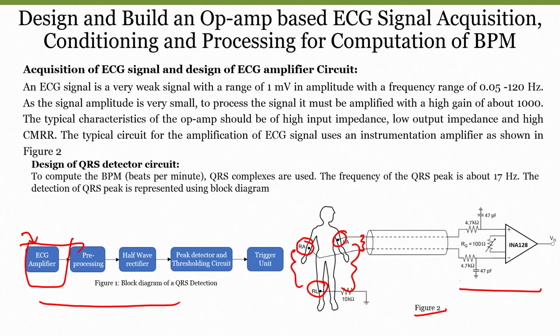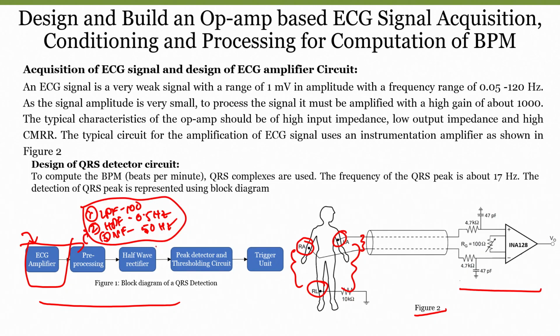One major filter we require is a low pass filter with a cutoff frequency of 100 hertz, a high pass filter with a cutoff frequency of 0.5 hertz, then a notch filter at 50 hertz. So, these are the major filters. In this particular block, in this subsystem, we will be designing filtering circuits which can remove all the artifacts, so that we can process our ECG signal.